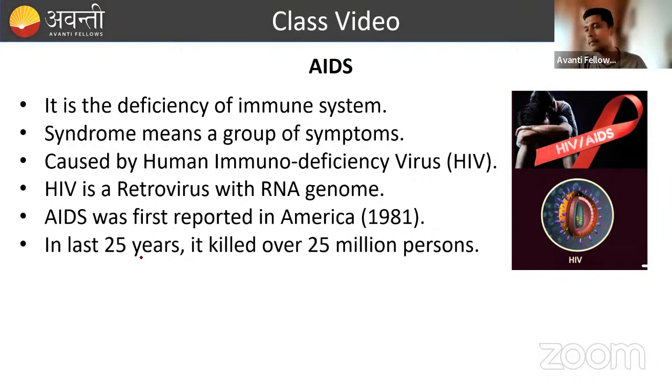AIDS is an example of this. Now, when you have a very low immune system, your body can be a victim of different types of infections: viral, fungal, protozoan, and bacterial infections can all happen.